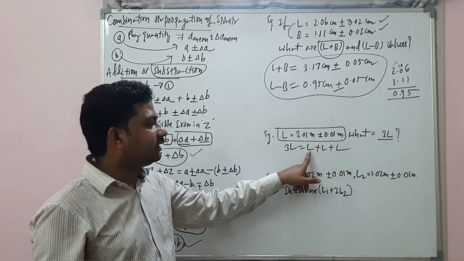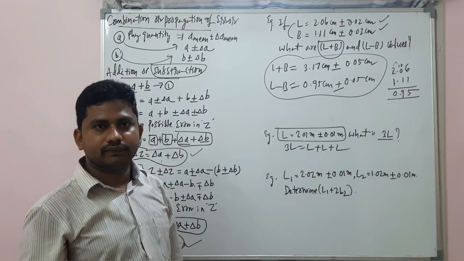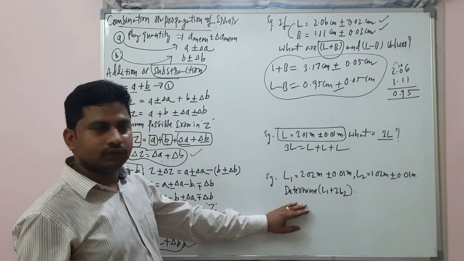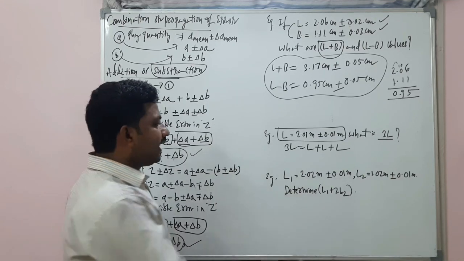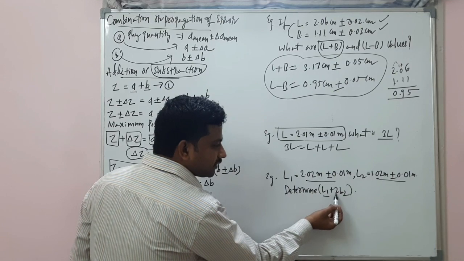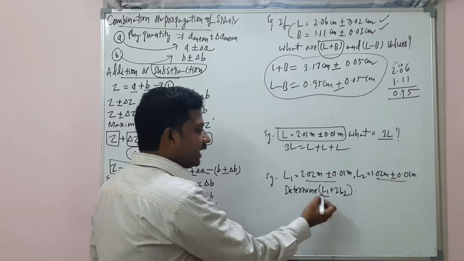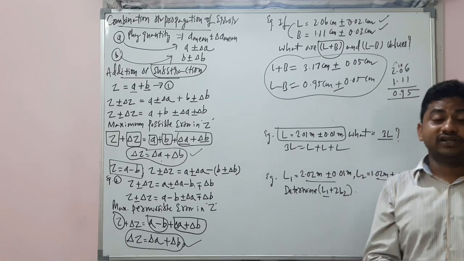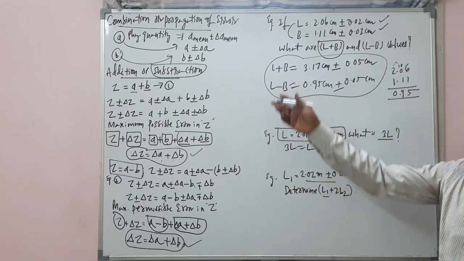Errors need to be added here, here, here. Text me the answer. Here also the same. You do this and send me. L1 they have mentioned, L2 they have mentioned. You need L1 plus 2L2. What is the answer, according to the combination of errors or propagation of errors? You need to send me now.